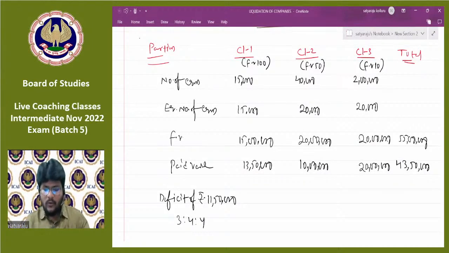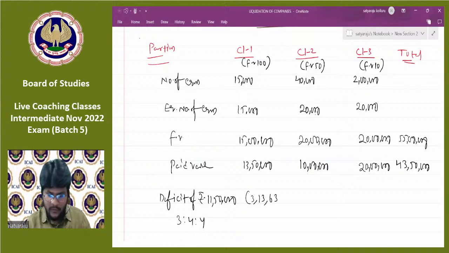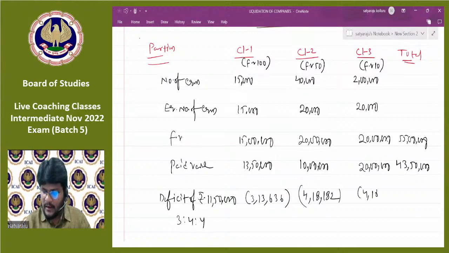Now may I know, 11,50,000 multiplied with 3 by 11, which is 3,13,636 here. 11,50,000 with 4 by 11, 4,18,182, 4,18,182.